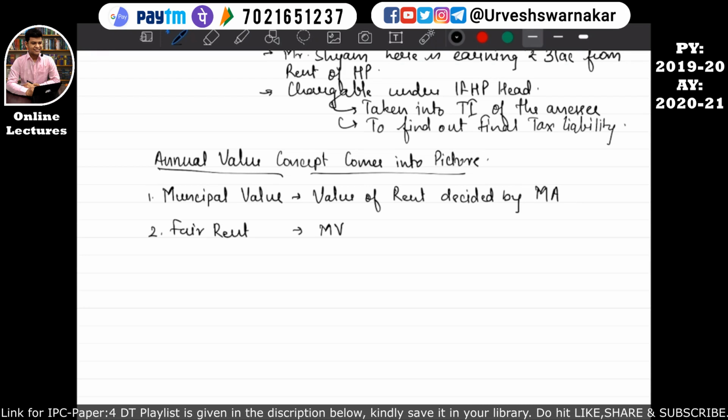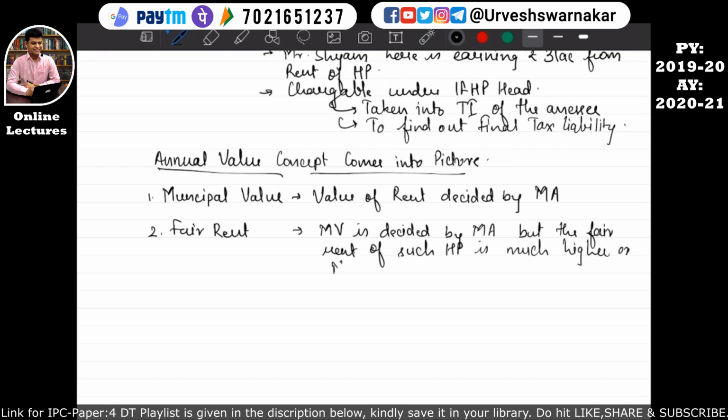Municipal value, MV, is decided by the municipal authority, but the fair rent of such house property is much higher or much lower. So that's why the fair rent concept came into the picture.